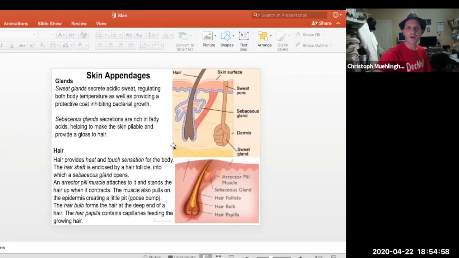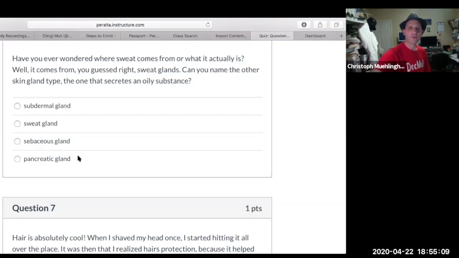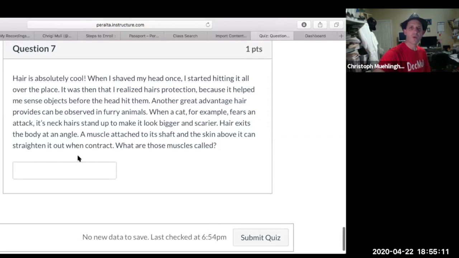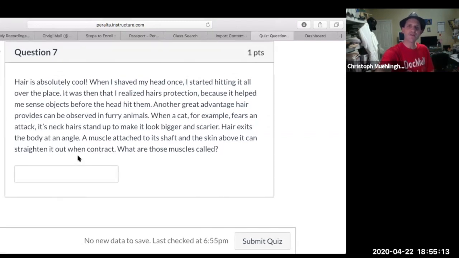There they are. Each hair has a sebaceous gland attached to it. So that's fun about that. They come with the hairs. Oh, look at that. Hair's absolutely cool. When I shaved my head once, long time ago, I started hitting it all over the place. It was then that I realized hair's protection, because it helped me sense objects before they hit the head.